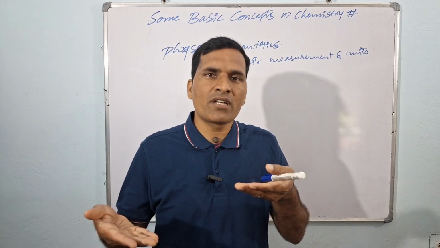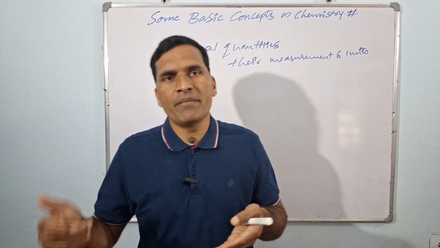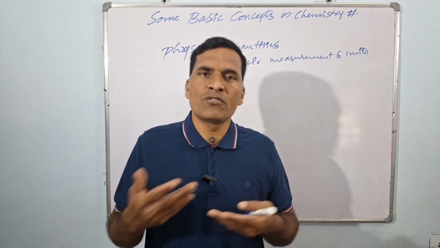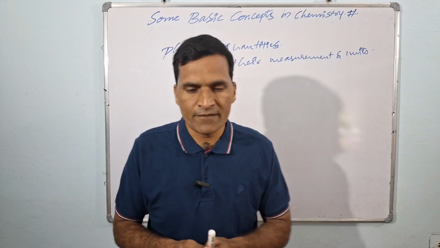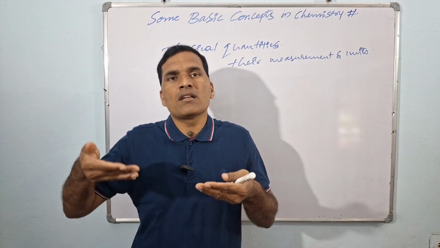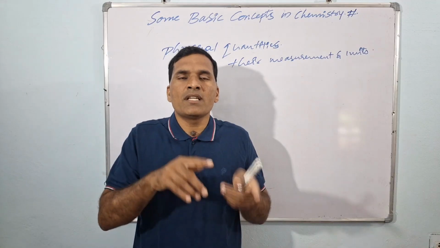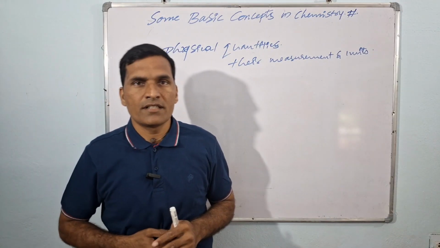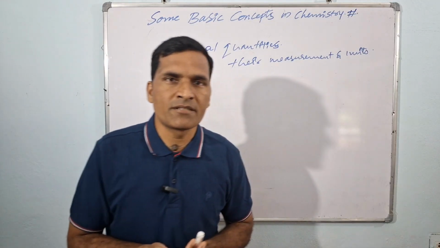Only number will not give any meaning. So therefore we have to specify meter, centimeter, like 1.5 meter, 1.25 meter. Means number with the unit, only then can I express the physical quantity or measurement quantitatively.